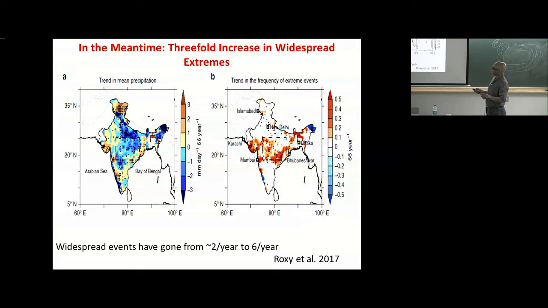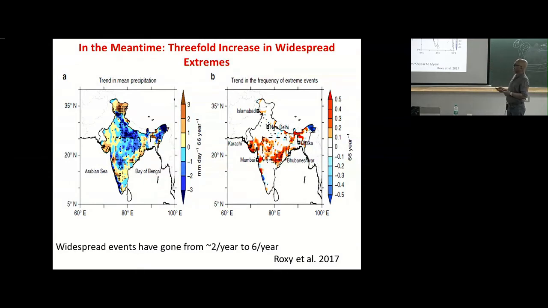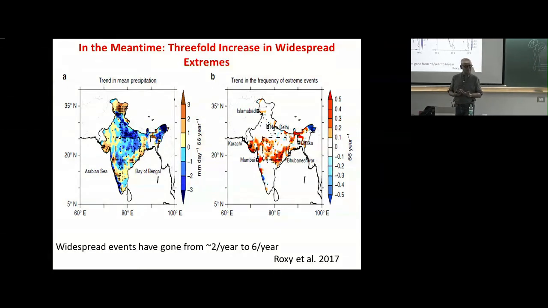Okay? So we are saying two things. There is a trend in the mean. So the mean has largely decreased over a large part of India, including over here, for example, with few increases. And it is flooding more on a larger area over these same decades. Okay?